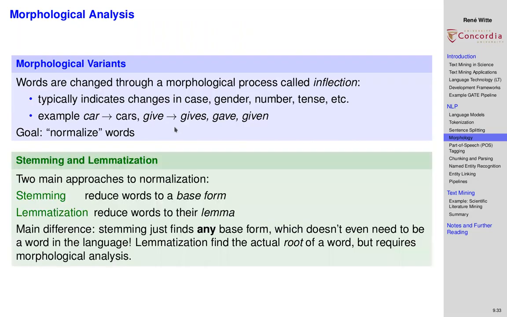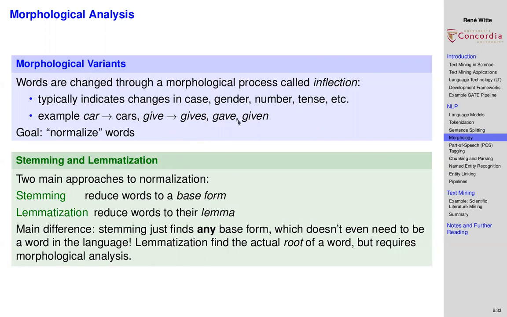And there are two approaches for doing this, and they are called stemming and lemmatization. In stemming, what you do is you take one of these variants and you reduce it to a base form. And in lemmatization, you reduce the words to their lemma. What's the difference? So the lemma is the original version of the word.